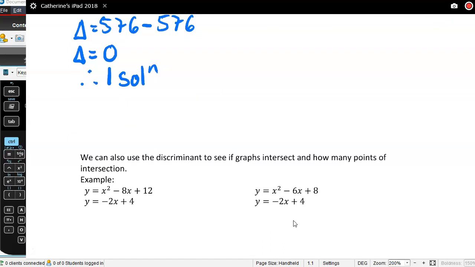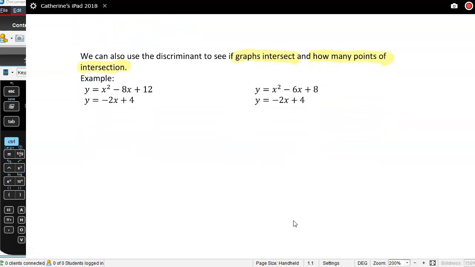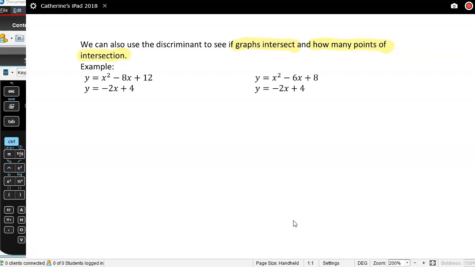Okay, we can also use the discriminant to see if graphs intersect and how many points of intersection they have. Okay, so let's look at these examples. So I've got these two graphs, y equals x squared plus 8x plus 12, and y equals negative 2x plus 4. Okay, so we're wanting to see where they intersect. In other words, where they're equal to each other, where their y's are equal to each other.